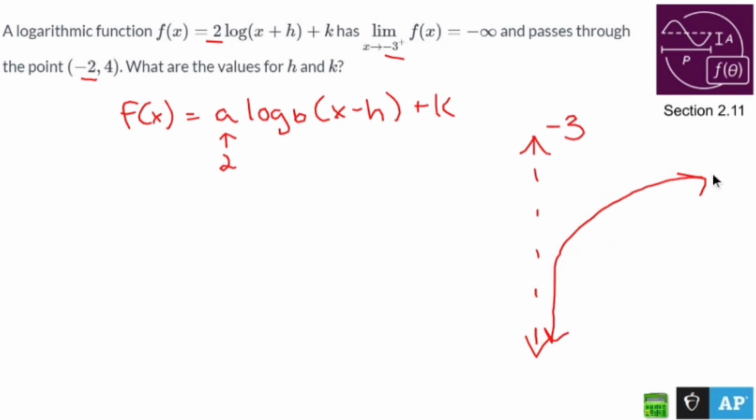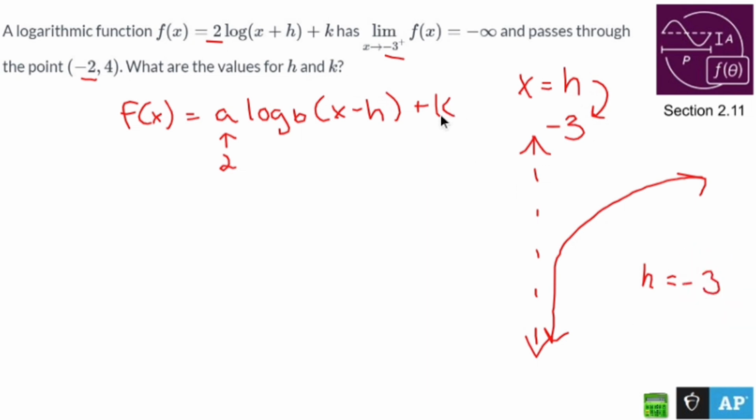So again, I'm coming from the right to -3 and hitting negative infinity. So that's my guy right there. Whenever I have a vertical asymptote, I know that my vertical asymptote equation is x equals h, which means h is -3. So part 1, we're done. h is -3.